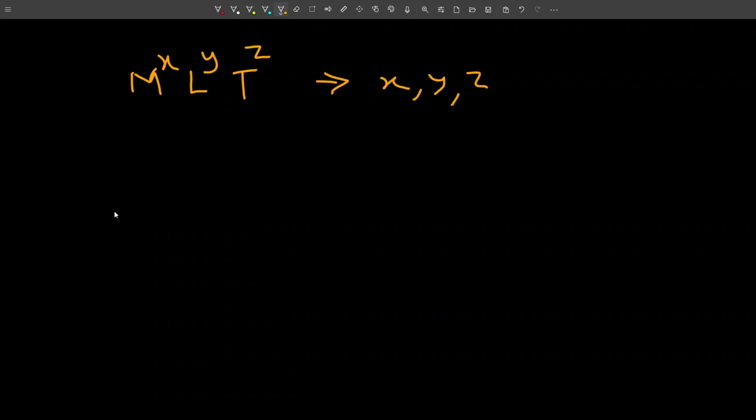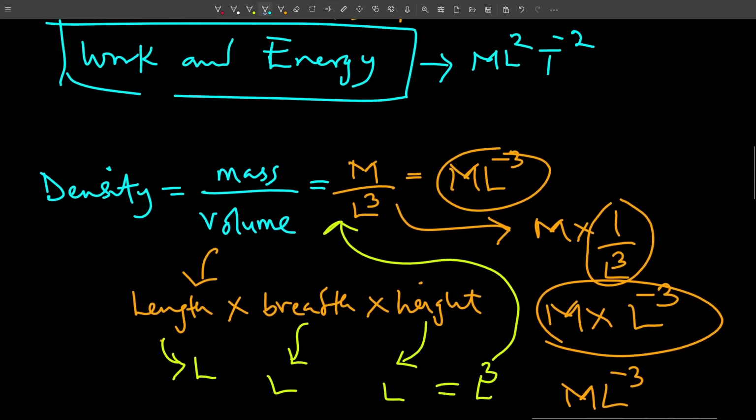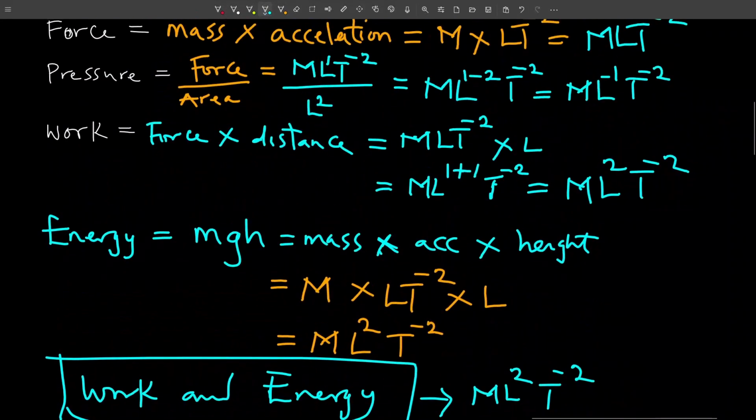Take for example, the dimension of pressure is M raised by x, L raised by y, and T raised by z. We're now asked to find the value of x, y, and z. We're told that this here is the dimension for pressure. Now, when we sub it up here, let me go back. Where is it?